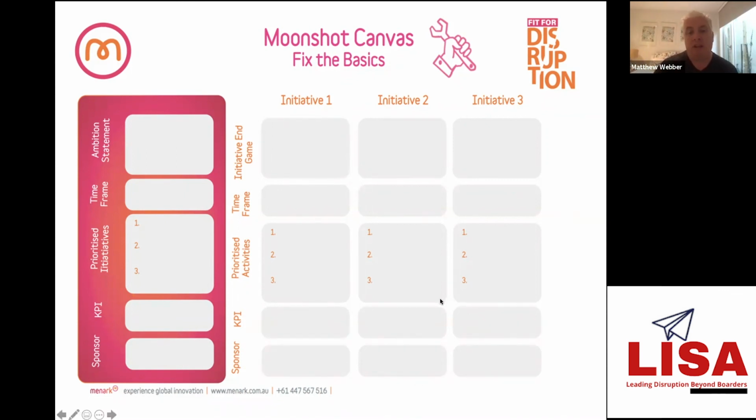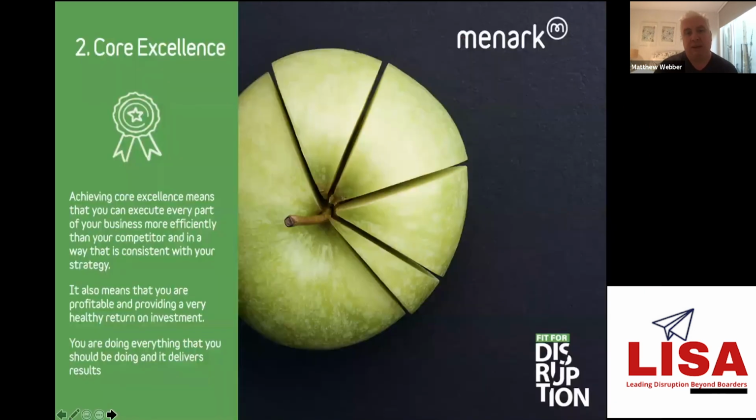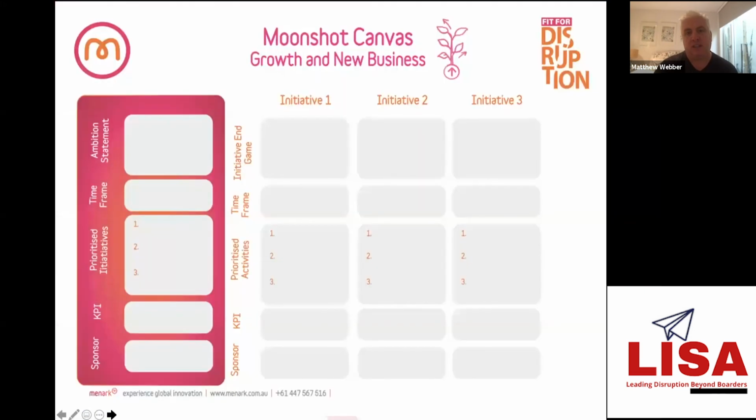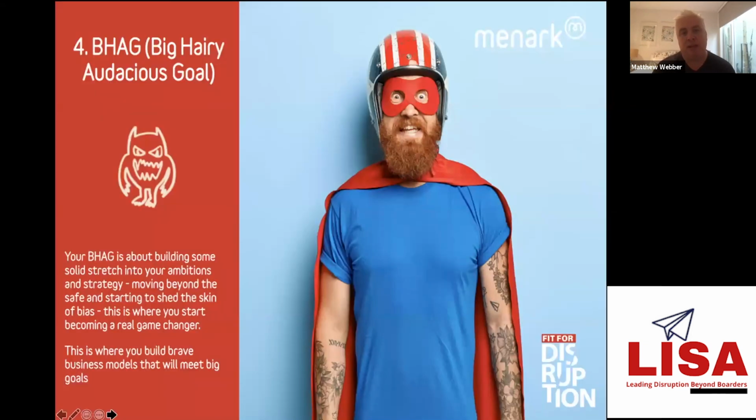And so forth. So then the way that this will work is that you'll have fixed the basics, then you'll go through your core excellence, growth in new business, but you can keep layering on each other. And it's strategic, but it gets very much into the doing part of it, in around what the initiatives are and what the prioritized activities will be.